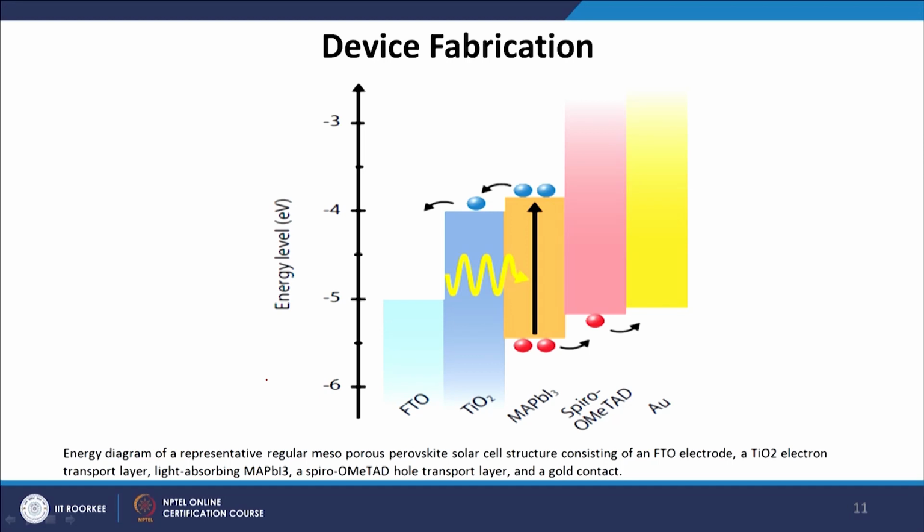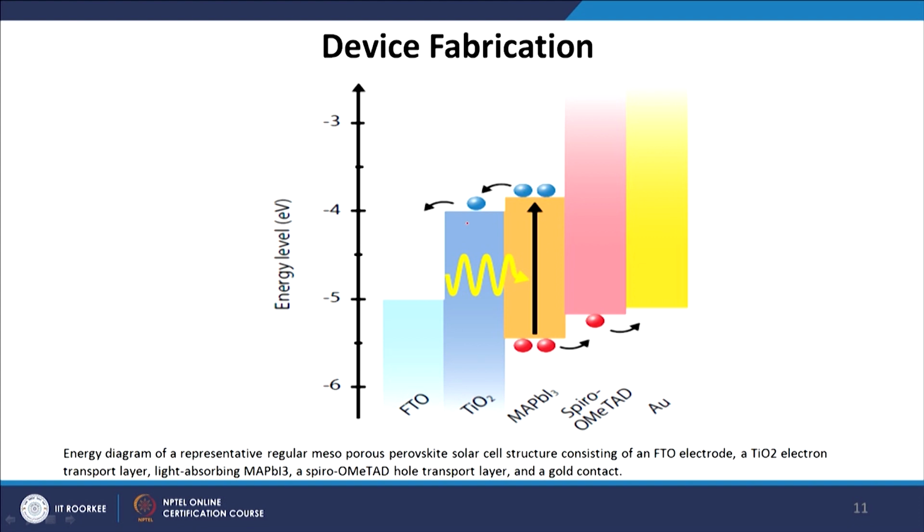If you look at the stacking of the devices, we can also draw it in terms of the energy band diagram. For example, here you see that this is the FTO layer, then on top of that there is a TiO2 layer, then we have the perovskite layer MAPbI3, on top of that we have a spiro-OMeTAD layer, and finally the gold layer. Now, when the light is absorbed in the active layer, both electrons and holes are created.